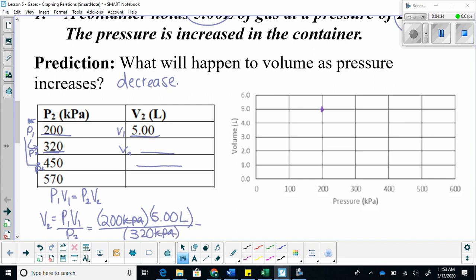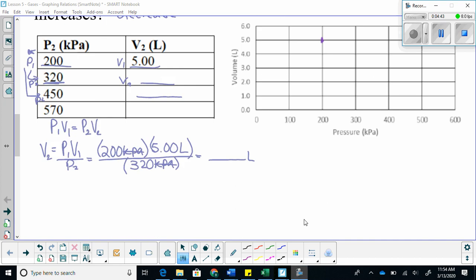Kilopascals cancel out, and you will get an answer in liters. Okay, take a moment, and then tell me what you get. So, when you calculate this out, what do you guys get? Give me 2 sig digs.